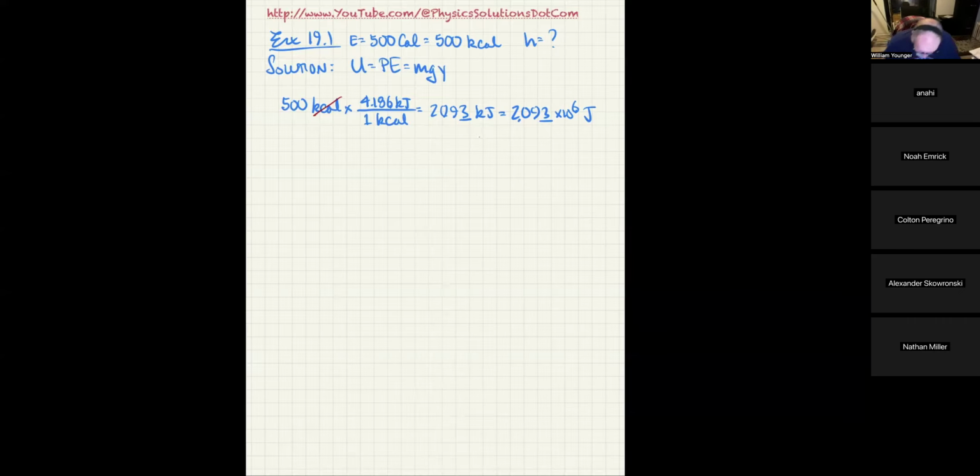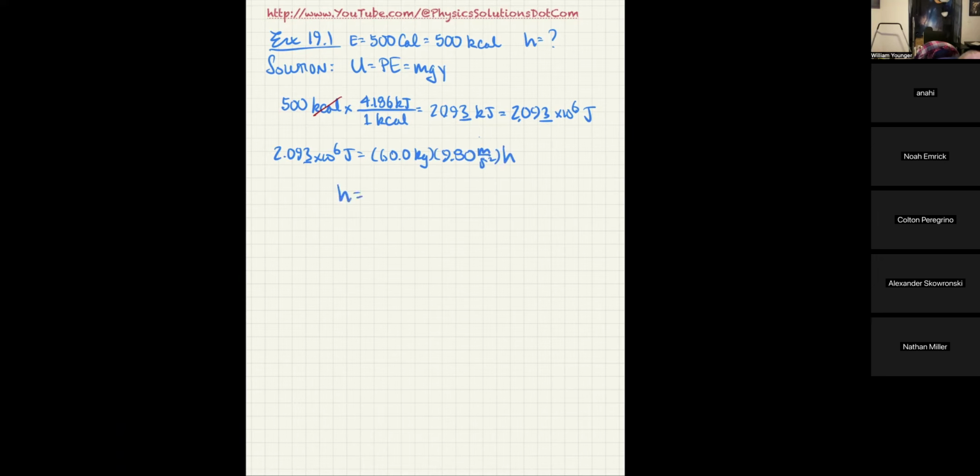And with that in mind, now I set that equal to mgh, and again, that's going to be 60.0 kilograms times 9.80 meters per second squared times h.